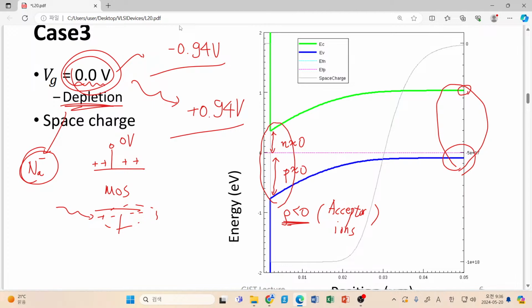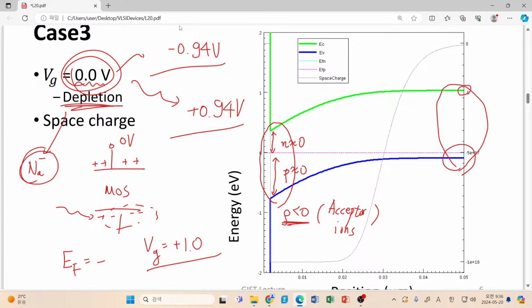Now we will further increase this gate voltage. Please note that starting from this -2 electron volt, our gate band bending always changes toward the negative direction. For example, if we now apply positive 1.0, then our Fermi level for our metal part will be just, sorry about that, gate voltage is not electron volt.